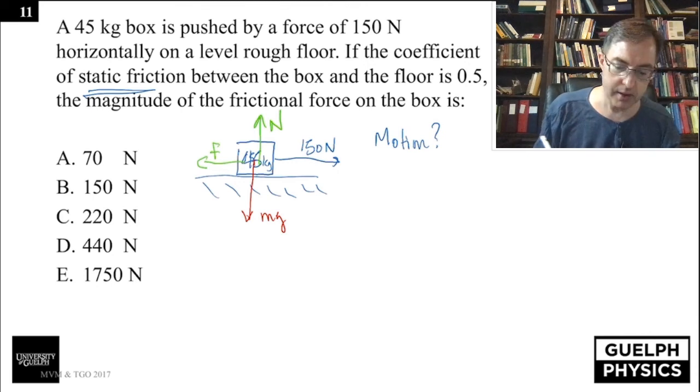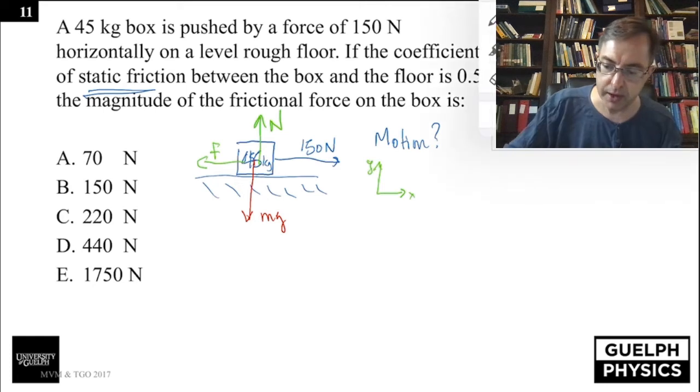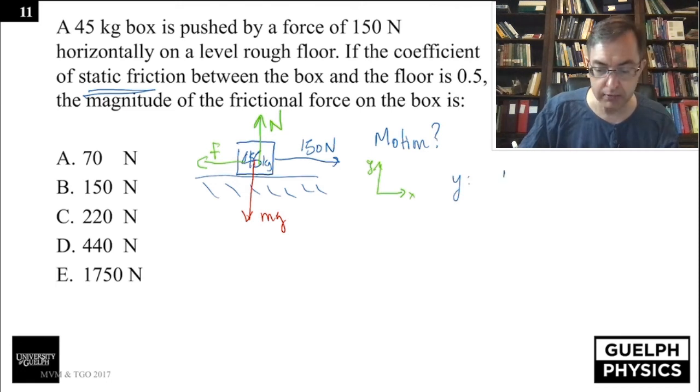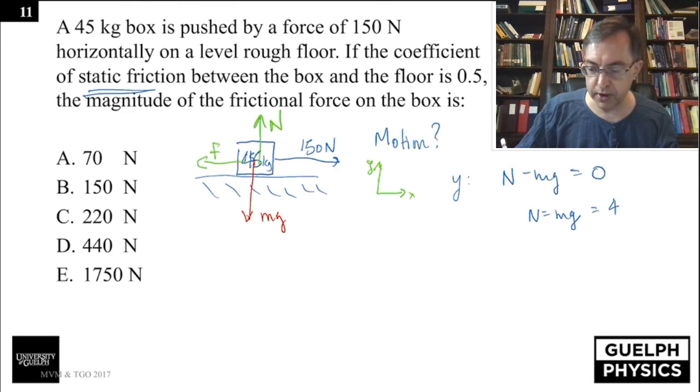If I draw in a coordinate system again, x and y, then along the y direction, there's no acceleration, so I have that n minus mg is equal to 0, or n is equal to mg, which is equal to 45 kilograms times 9.8 meters per second squared, which is 441 newtons.